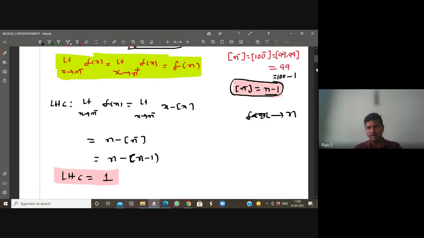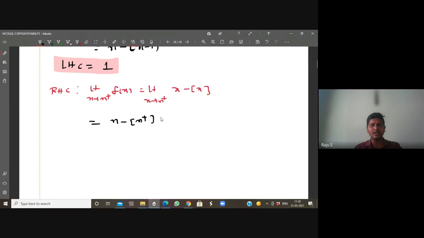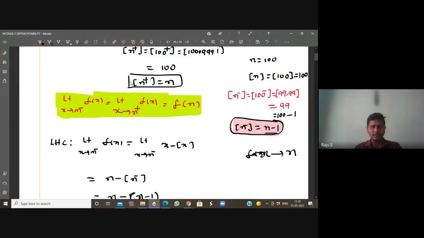Then I am going to find the right hand continuity, RHC. What is RHC? The limit as x tends to n plus of f of x, which is again x minus the greatest integer of x. Now you can substitute n in place of x. The greatest integer at n plus is n alone.